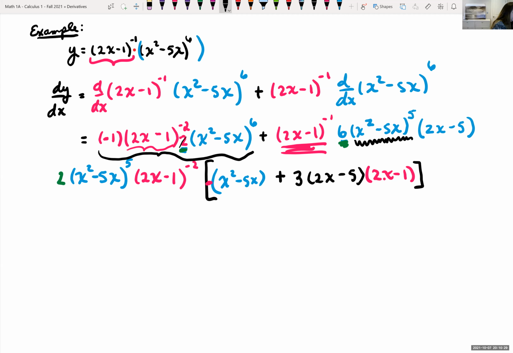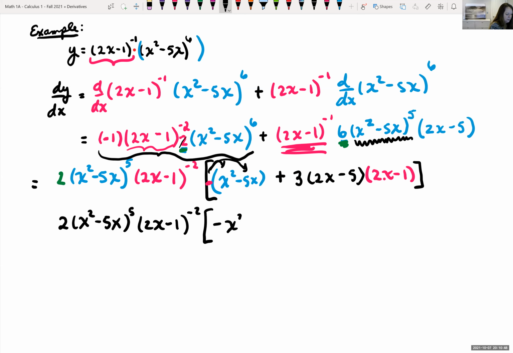So I'm going to clean it up a little bit. I have 2 times x squared minus 5x to the 5th, times 2x minus 1 to the -2. Let's distribute this negative sign inside my parentheses, so I get -x squared plus 5x plus 3.